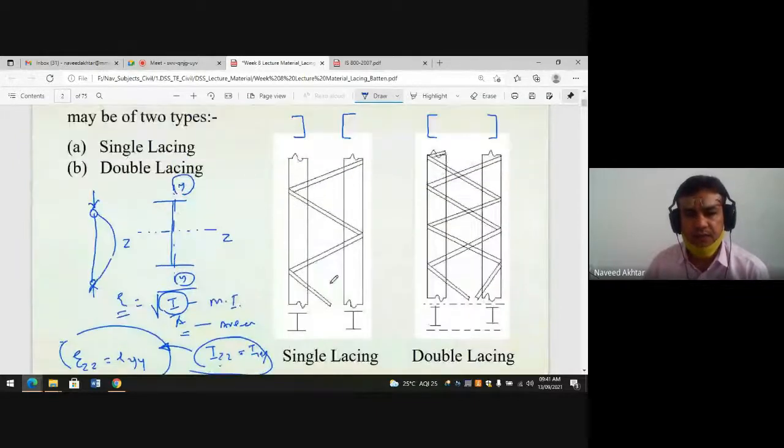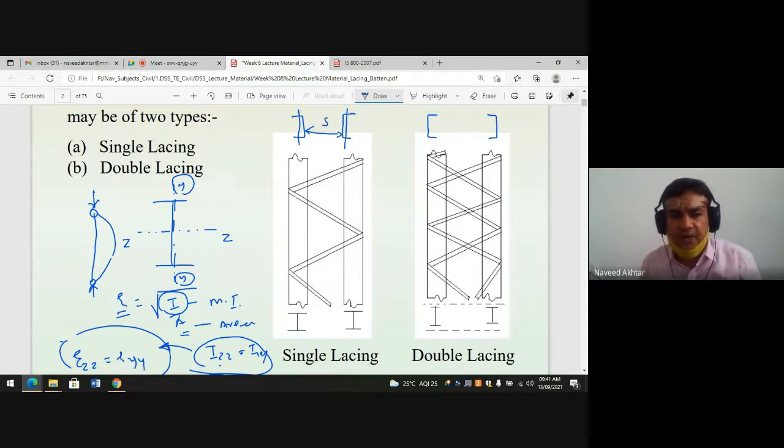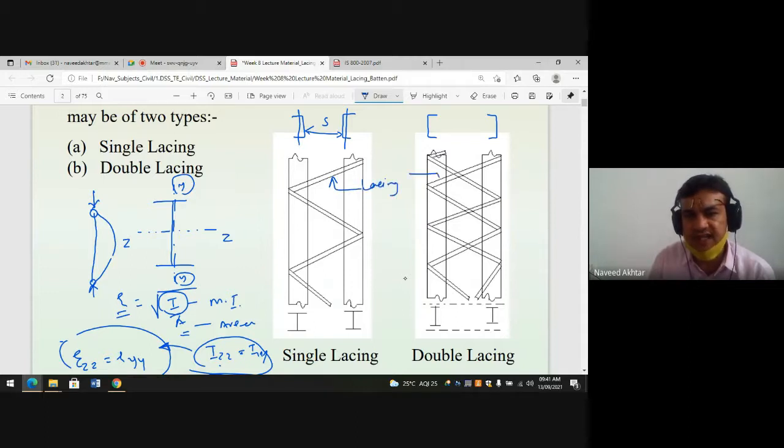By doing this, we place the members apart at a distance, because these two members are kept at a spacing s. So we are making them apart, and we are joining them with inclined bars. That is the lattice, called lacings, such that they will act as a single unit. If you make them apart, what happens?